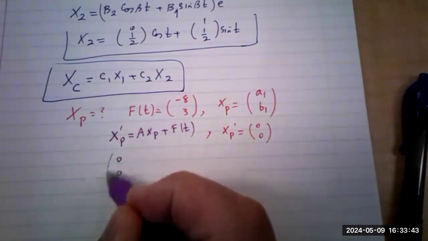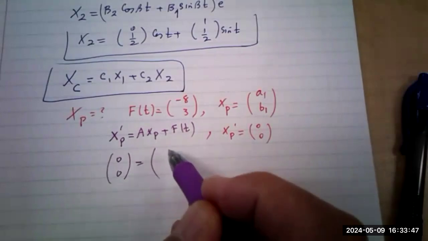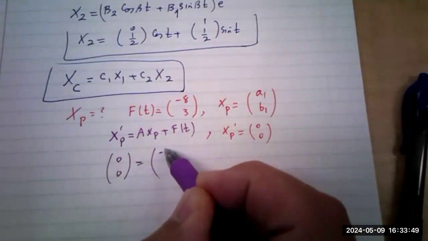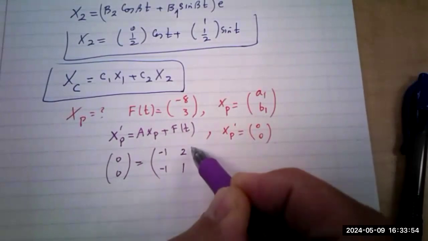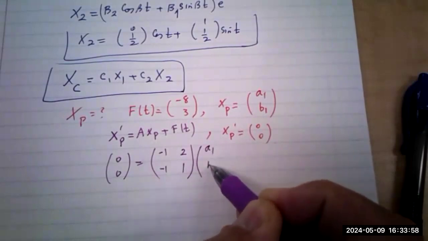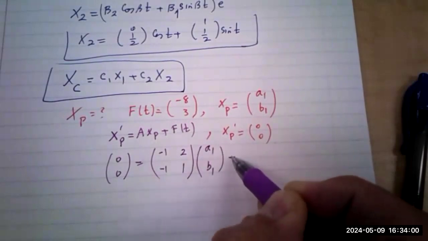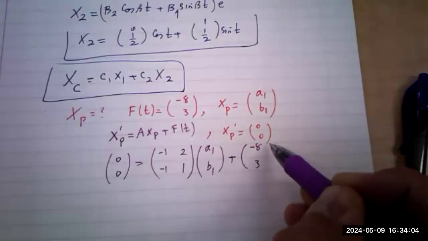So this changes into 0, 0. You have to write it in matrix form: 0, 0, and your A was what? -1, 2 and -1, 1. That is A times xp, where xp is a1, b1, plus f of t, where f of t is -8, 3.